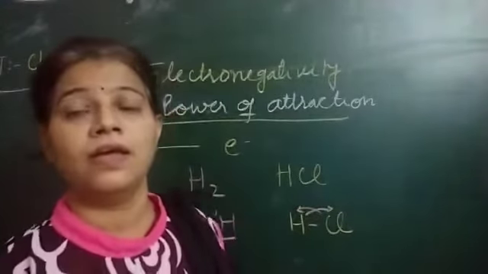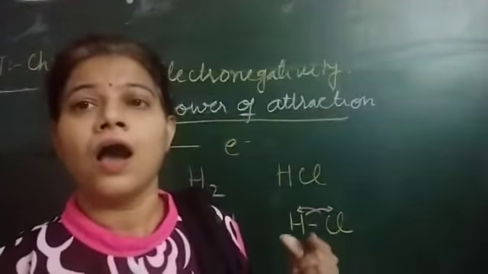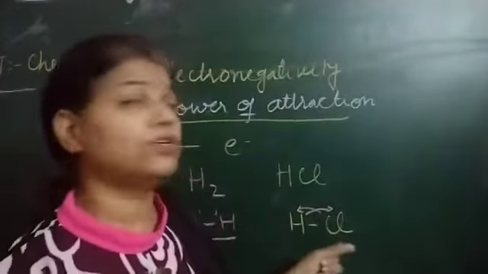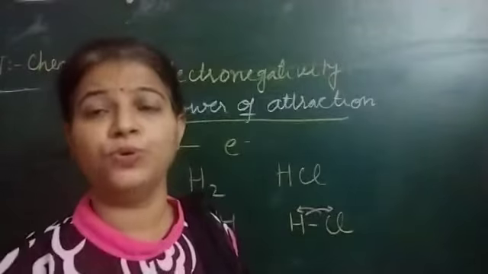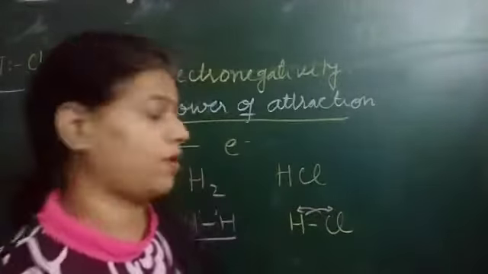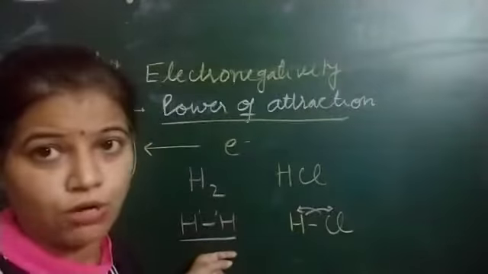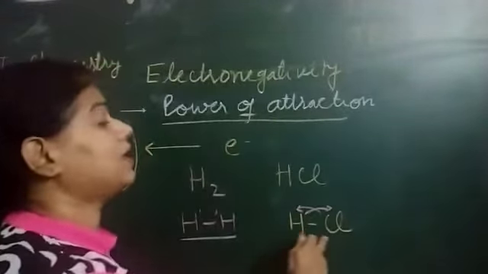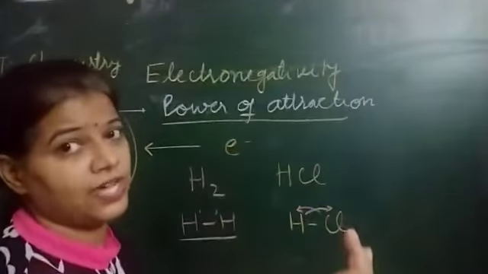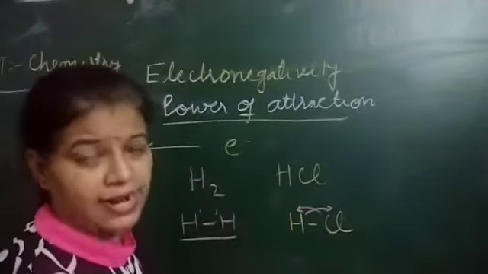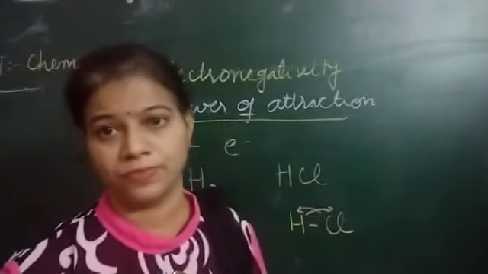But here, hydrogen chloride is a heteroatomic molecule. Due to the heteroatomicity, there is not an equal sharing of electrons. In the hydrogen molecule, there is an equal sharing of electrons, but as the two atoms are different, there is unequal sharing. Unequal sharing means one atom attracts the electron more than the other.